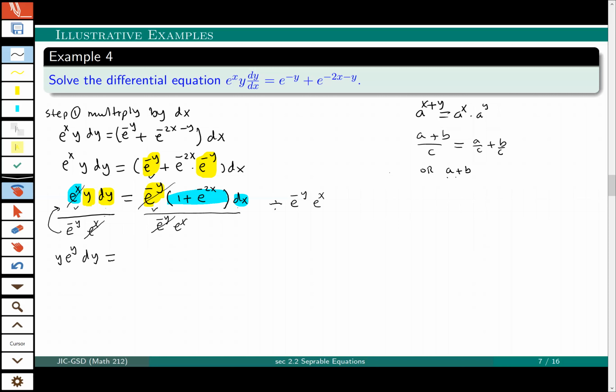Here, e raised to the power minus x is common, and that is 1 plus e raised to the power minus 2x. Then I multiply, so I will get y e to the power y dy is equal to e raised to the power minus x plus e raised to the power minus 3x.